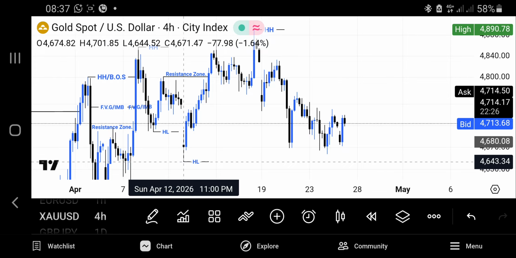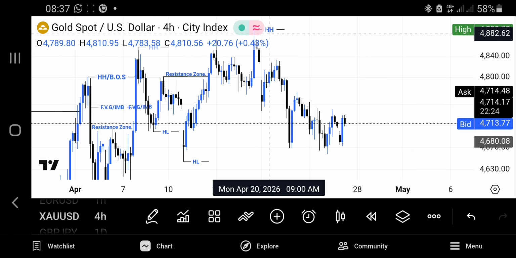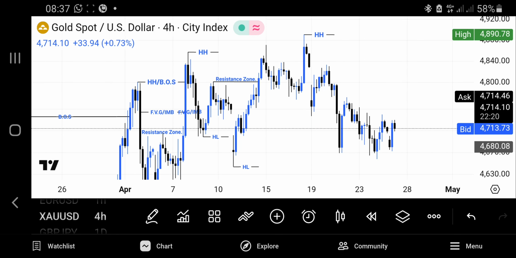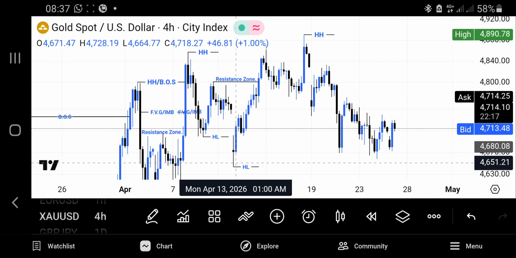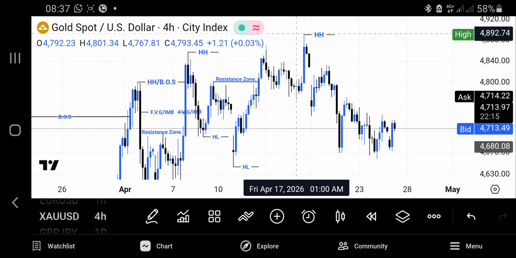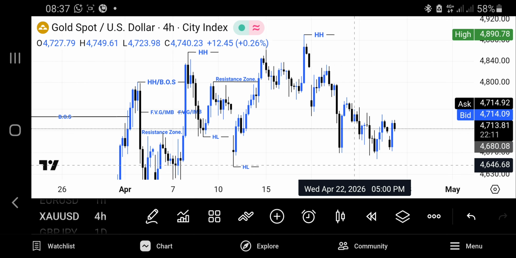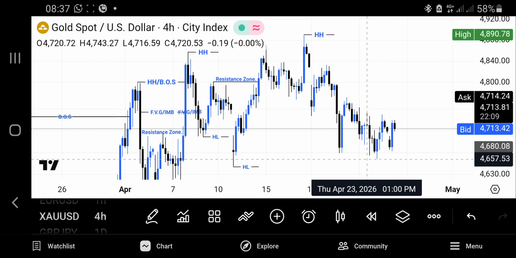The previous move was this: this was the higher low, that was the higher high. Let me show that in a clearer view. Higher low, higher high. The market went down.